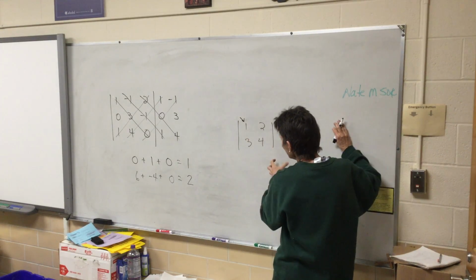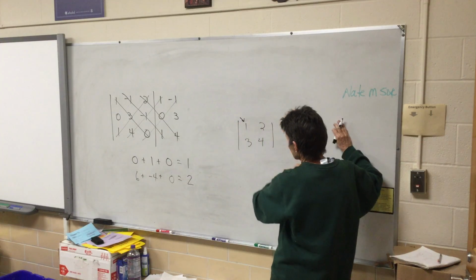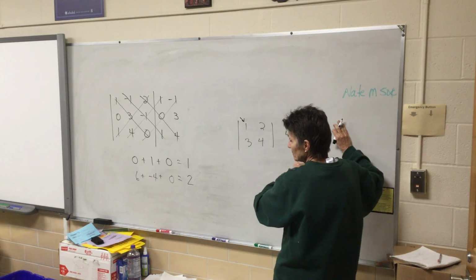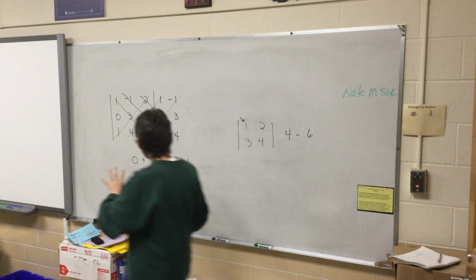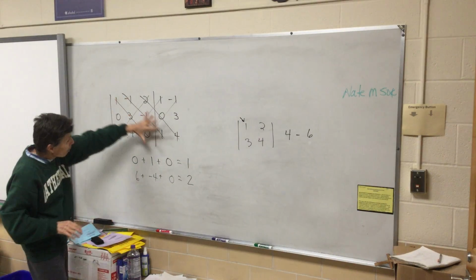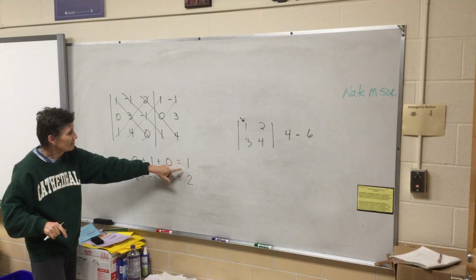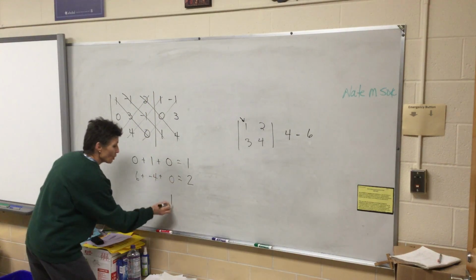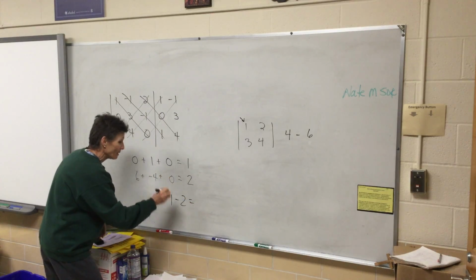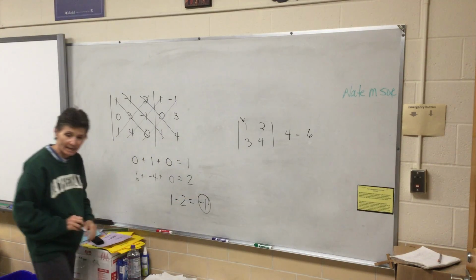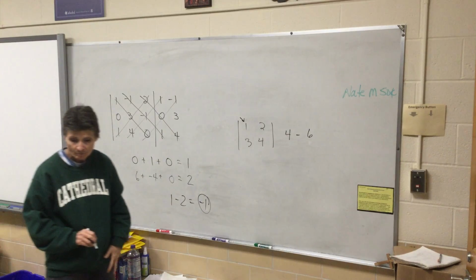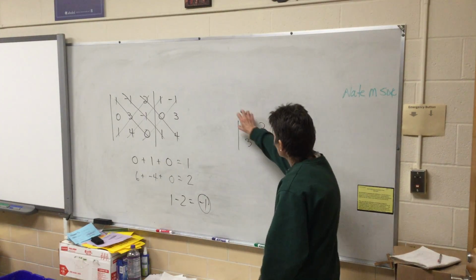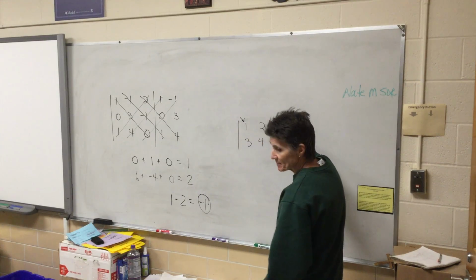So it's downs minus ups. So 4 minus 6. This one is the same way. The downs totaled 1, the ups totaled 2, so your answer is 1 minus 2, or negative 1. So the concept is the same, downs minus ups.